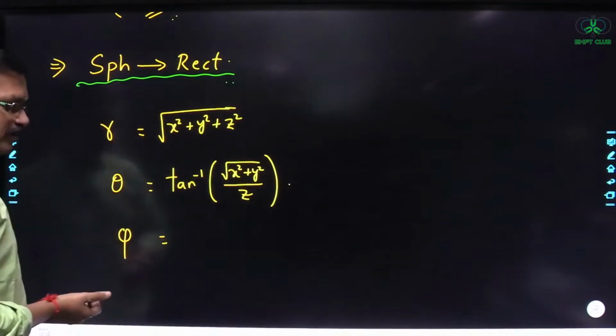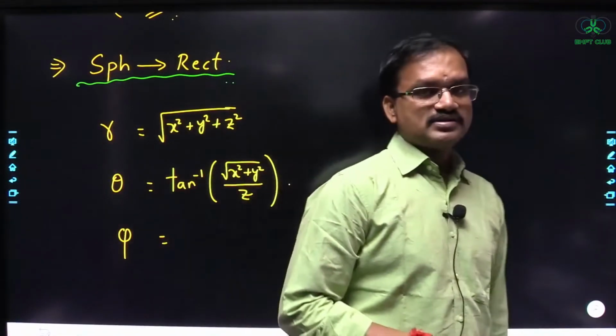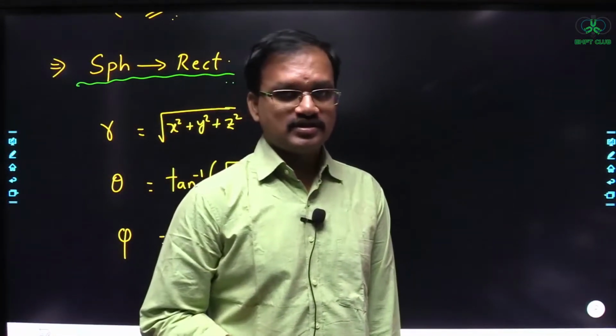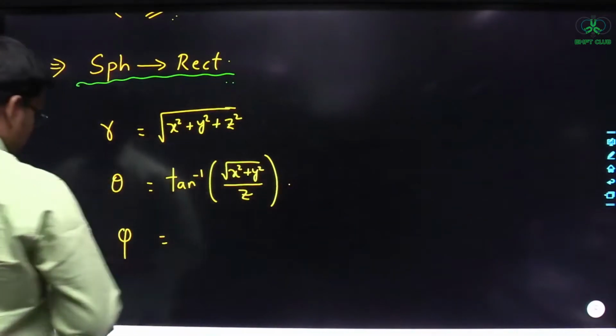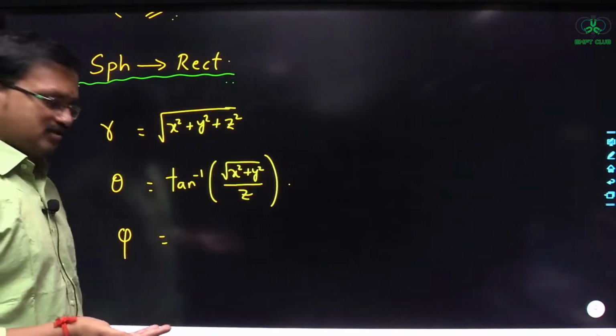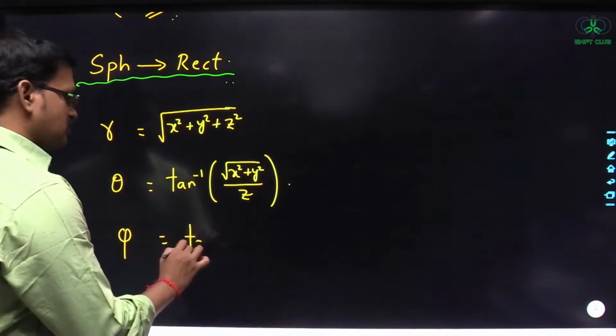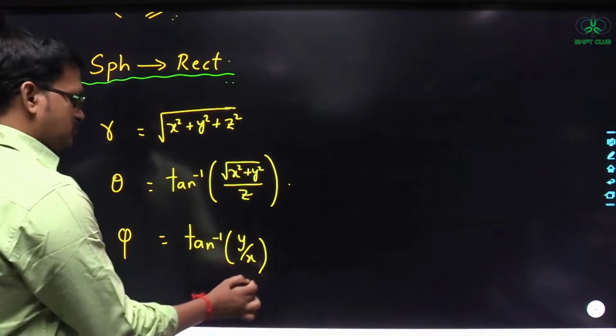Next, what is phi? I have told you already that the definition of phi remains the same as in the cylindrical coordinate system. In cylindrical, phi is tan inverse of y by x, so here also we get tan inverse of y by x.